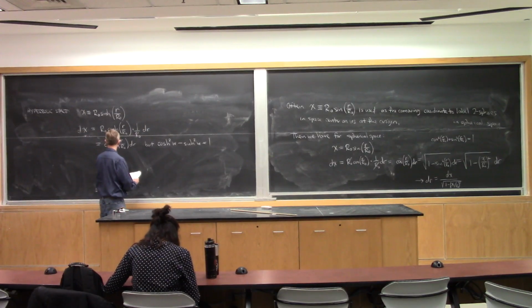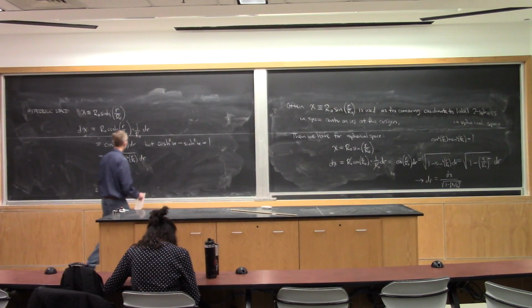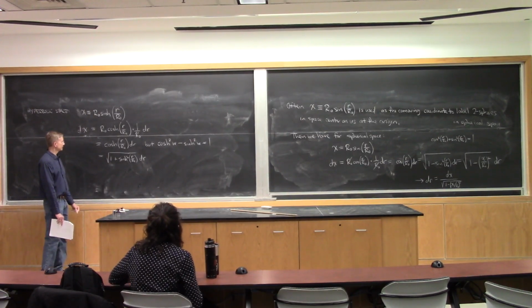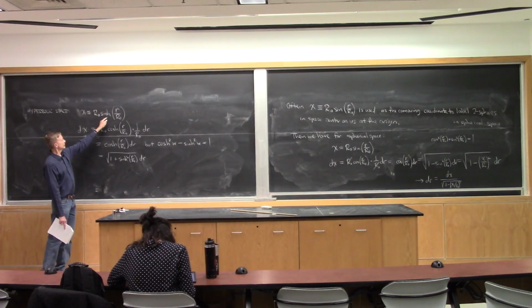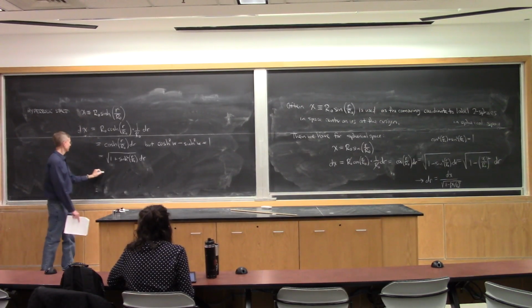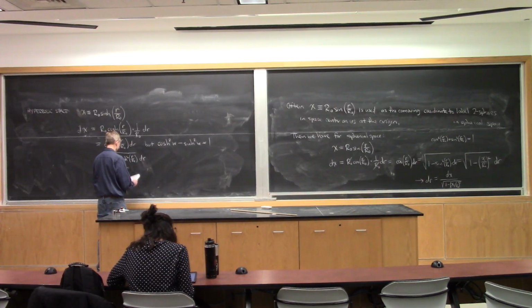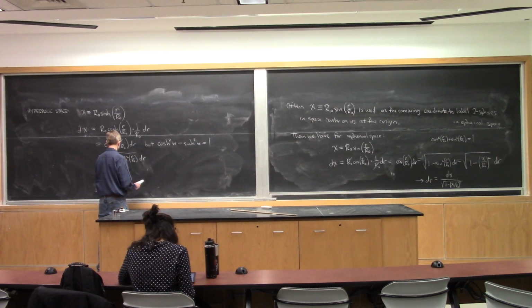So this is the square root of 1 plus sinh squared r over r naught dr. But here in hyperbolic space, sinh r over r naught is x over r naught by our definition up here. So this is the square root of 1 plus x over r naught squared dr.